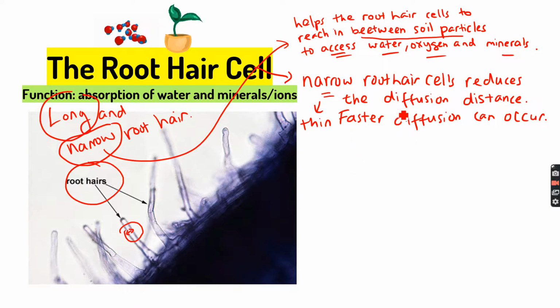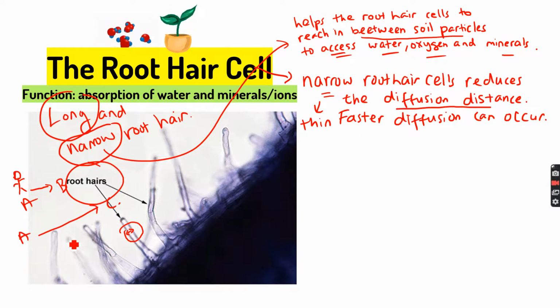So what we mean by diffusion distances, I mean, it's pretty obvious, right? If you want to go from point A to point B, and then you also have point A to point C, clearly this is shorter.